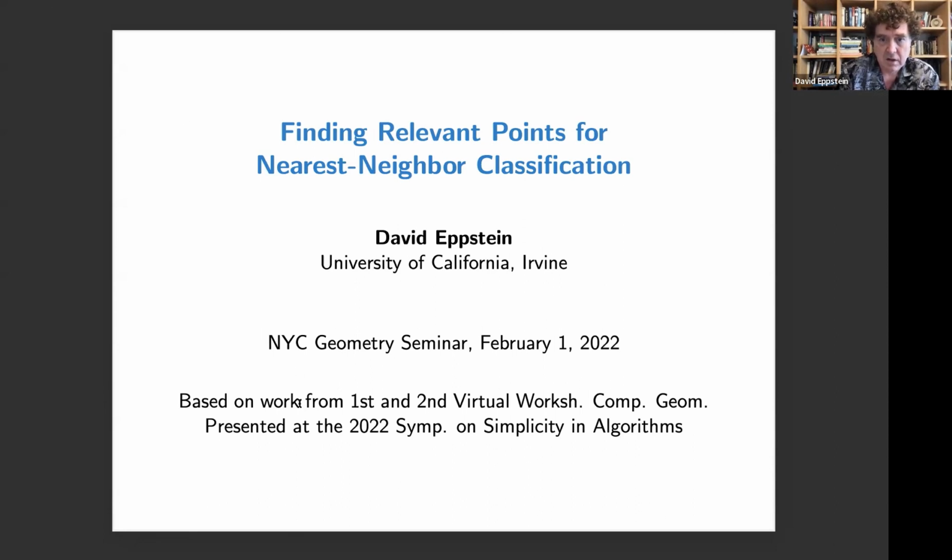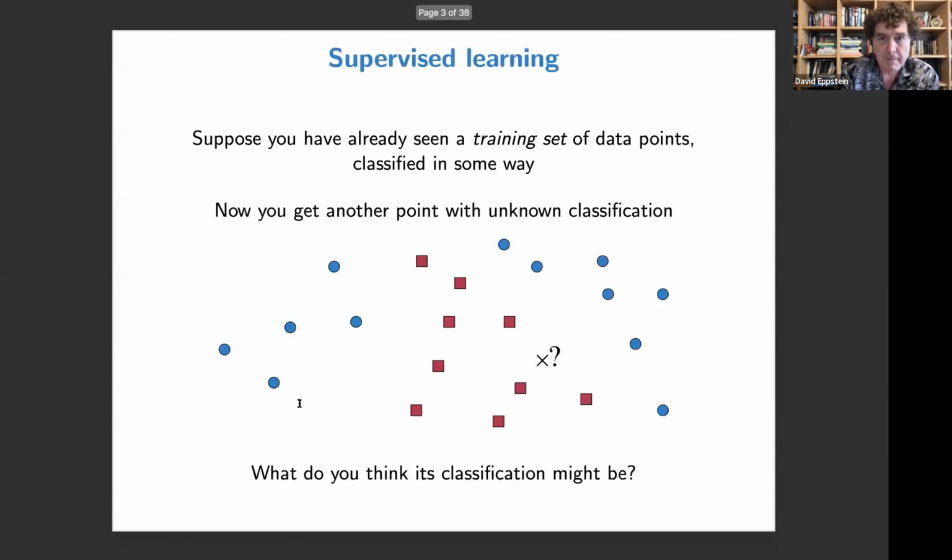As background, there's a lot of work in this direction that this is a small piece of, but it comes from a problem in supervised learning. So supervised learning means that you've already seen data that you know how it should be classified.